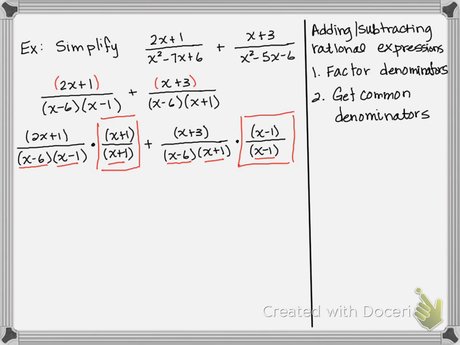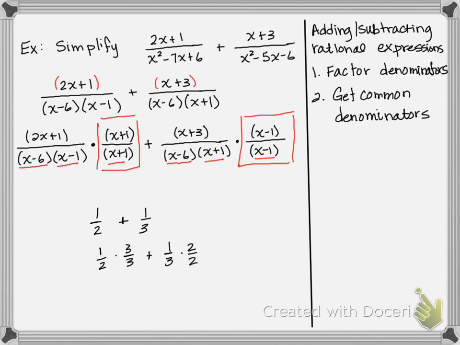Just like when I was doing 1/2 plus 1/3, 1/3 has a factor of 3 in the denominator that 1/2 doesn't have, and so I'm going to multiply by 3/3. And 1/2 has a factor of 2 that 1/3 doesn't have, and so I'm going to multiply by 2/2.